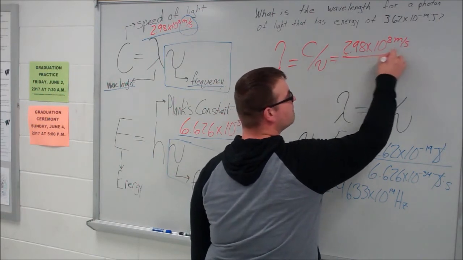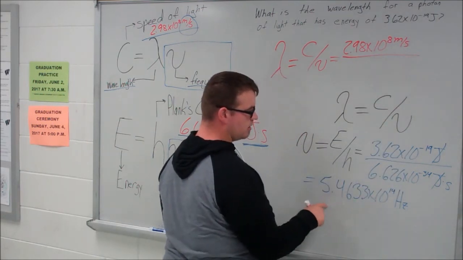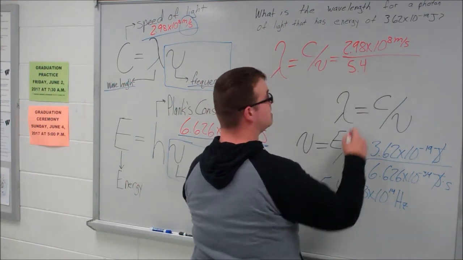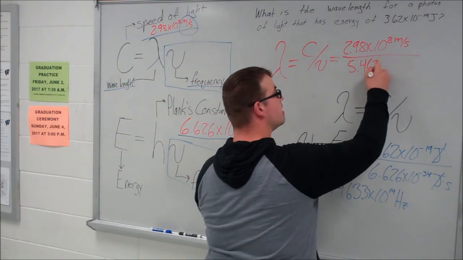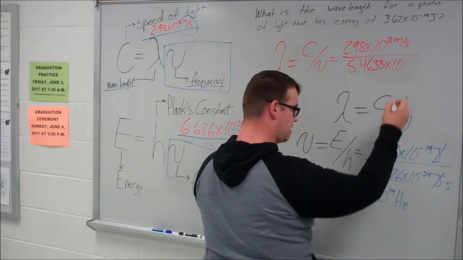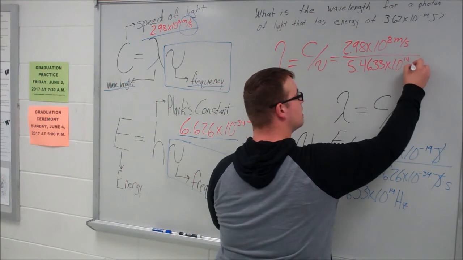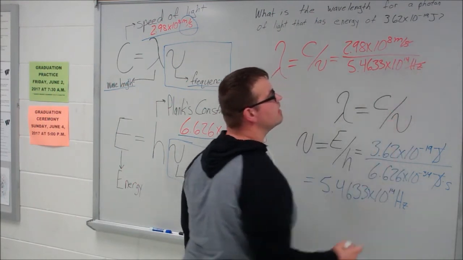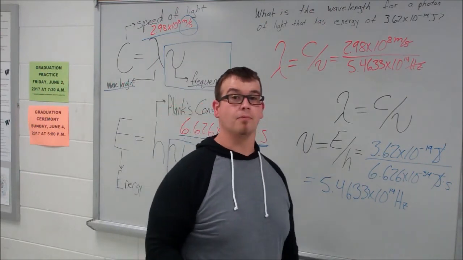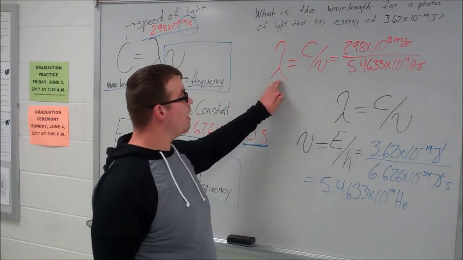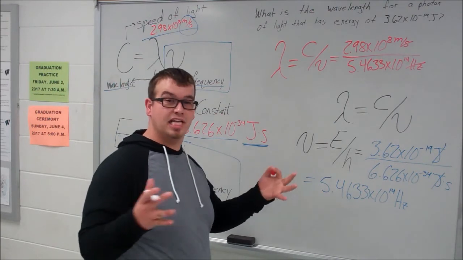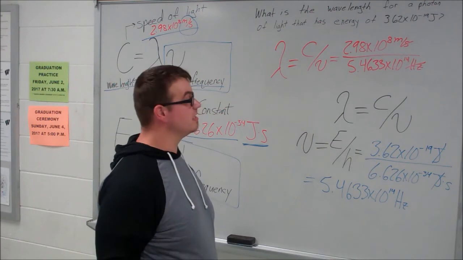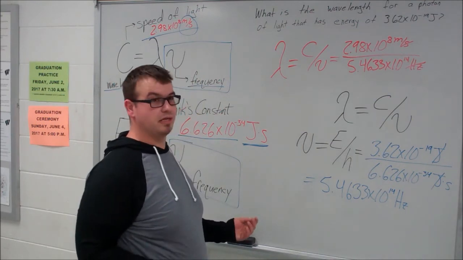And we're going to divide that by, you guessed it, 5.4633 times 10 to the 14 hertz, which is inverse seconds, which will mean seconds will cancel, leaving me with meters on the top, which is what I want because wavelength is a measurement of length. So meters is a good base unit for a measurement of length. So we're ending with our units good.